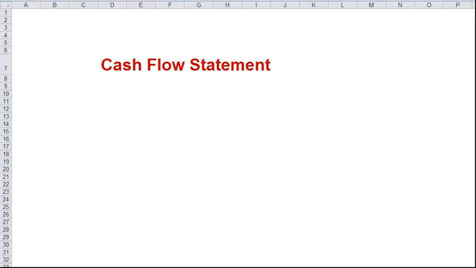The ability of the business, for example, to meet its current obligations and to have sufficient funds available from the sale of goods and to meet contingencies as and when they arise. So it's important to have a clear idea of how to construct a cash flow statement. It's a very important but yet simple financial document.